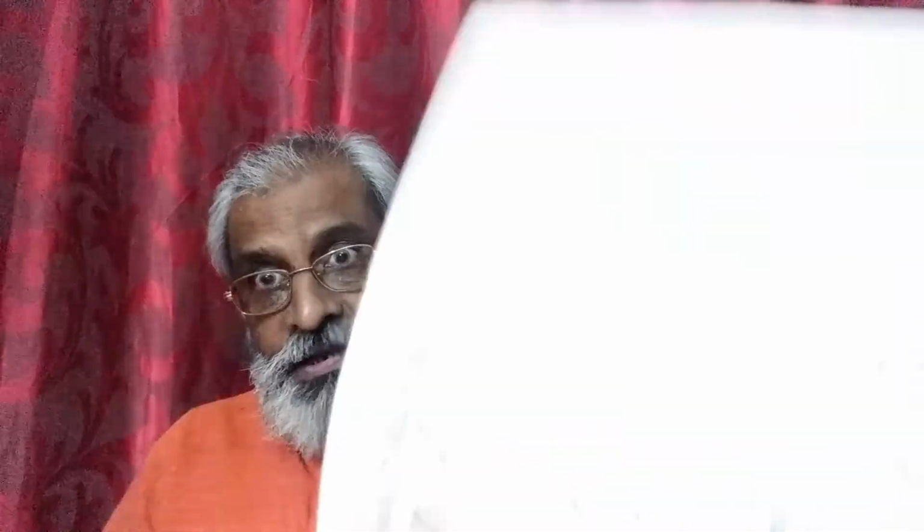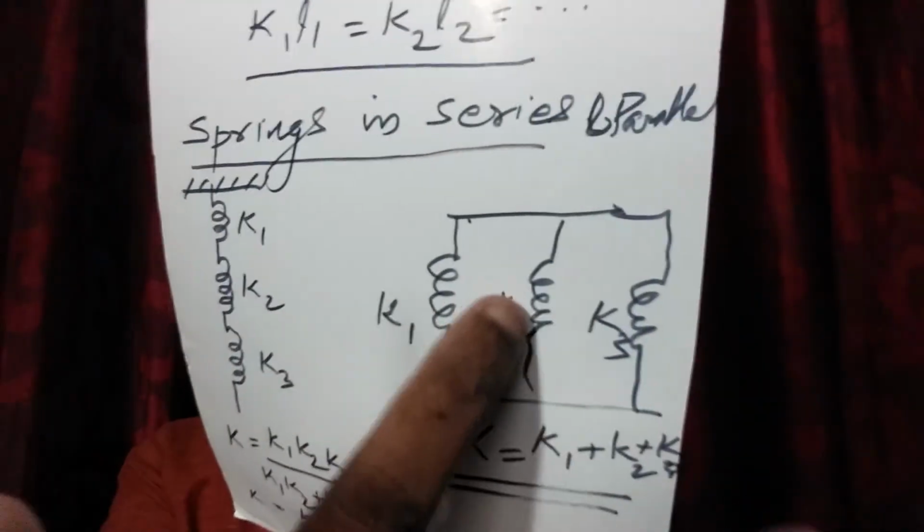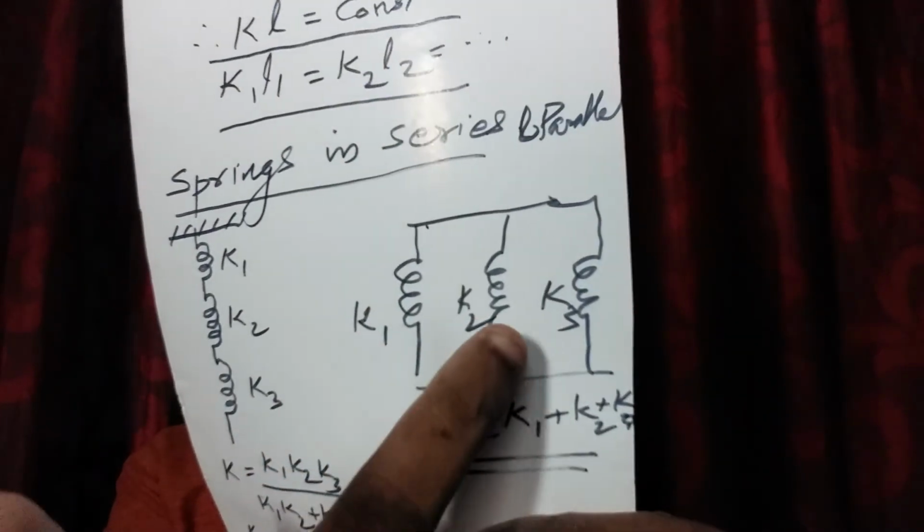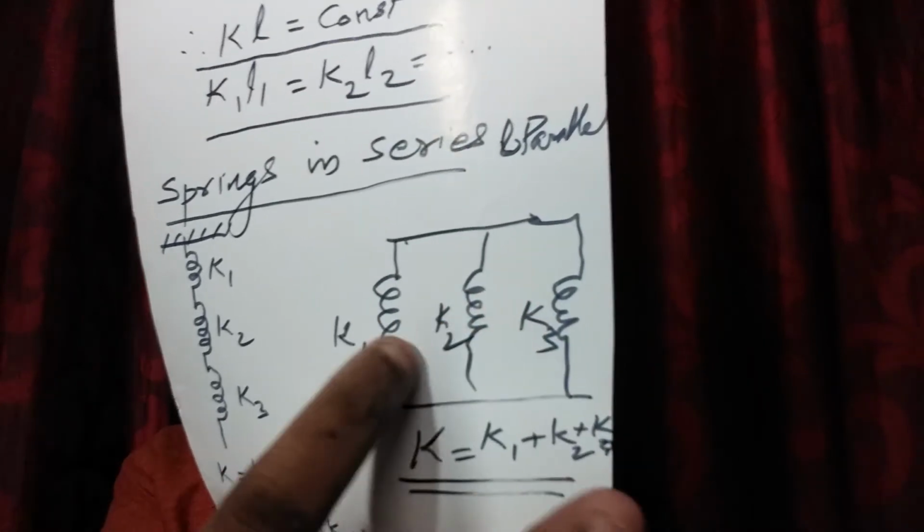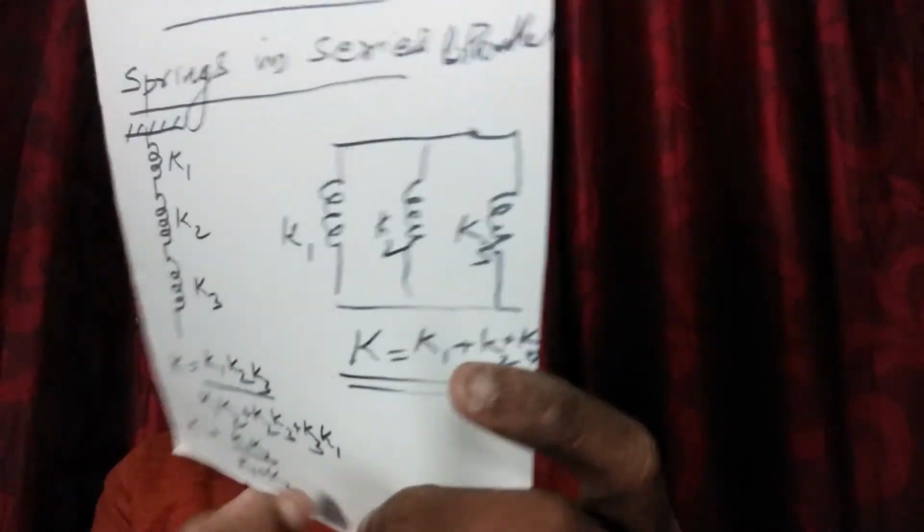In a parallel combination of 3 springs, shown in the figure as k1, k2, k3, these springs have an equivalent k equals k1 plus k2 plus k3, additive law. So if you want to increase the stiffness, provided you have a number of springs, you can connect them in parallel to increase the stiffness, which is common practice in mechanical engineering.